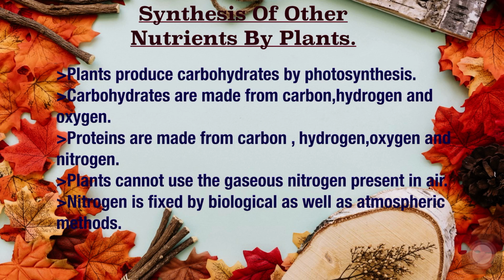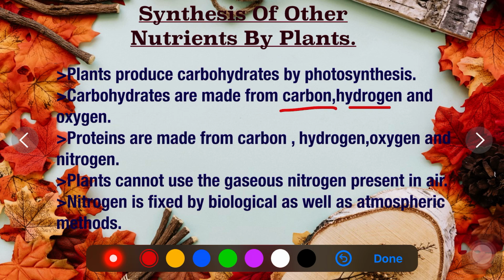Our next topic is synthesis of other nutrients by plants. Students, plants produce carbohydrates by the process of photosynthesis. As you all know, carbohydrates are made from carbon, hydrogen and oxygen.